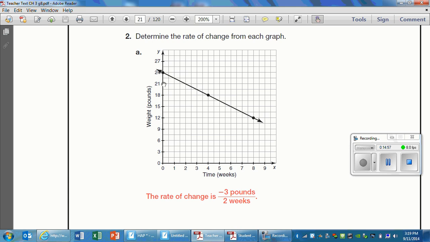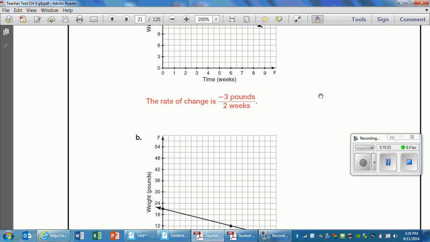So down 3 over 2 is right here, and that's the 2. And then if I went down 6, I should go over 4, which I did. So it simplifies to negative 3 over 2. You might have had negative 6 over 4, or negative 12 over 8, but that would simplify down to this.